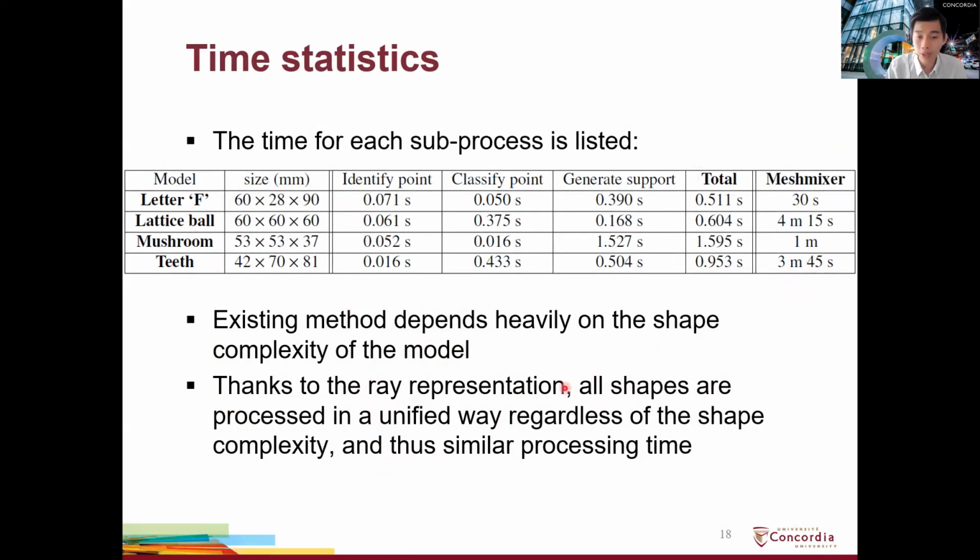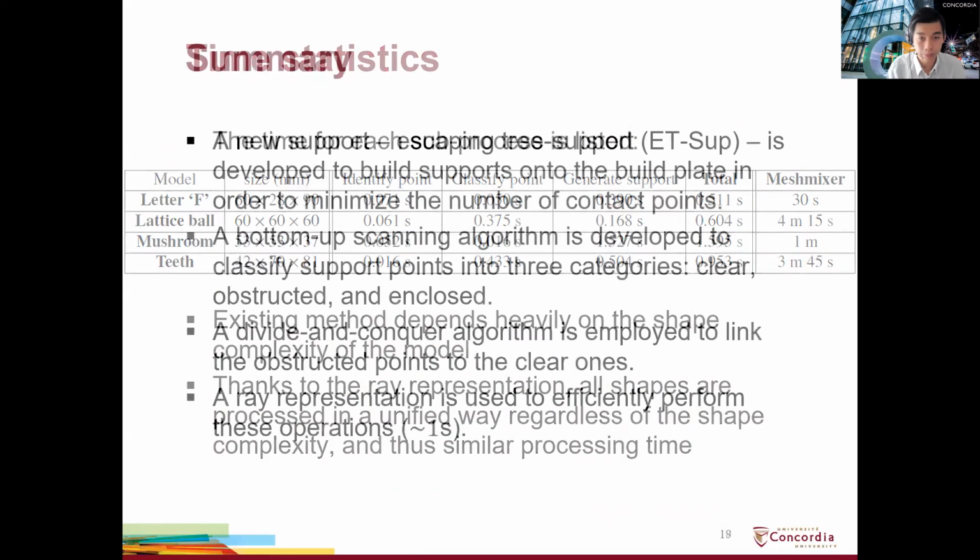Thanks to the ray tracing algorithm and the representation, all the models, regardless of the complexity of the shape, are handled in the same way and very quickly. Remember, all the processing is very quick, and the total time for all of them is around just 1 second.